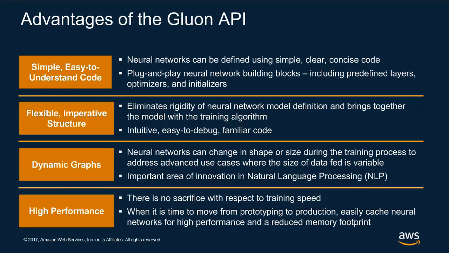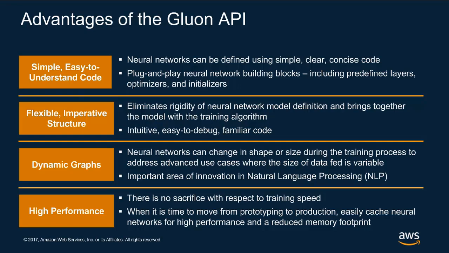As I mentioned, the flexible imperative structure eliminates the need to have a rigid neural network structure. And it brings together the algorithm used to train as well as the neural network structure itself. That leads to benefits like being easier to debug. The code is more familiar because it's all Python-based code when you develop your training loop, for example, and it's all intuitive.